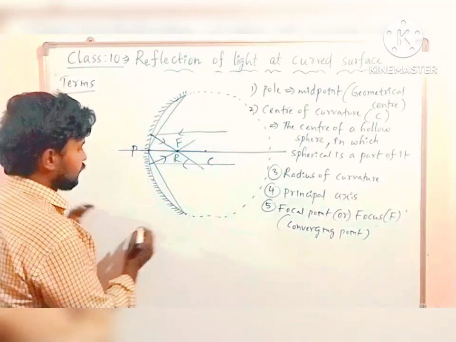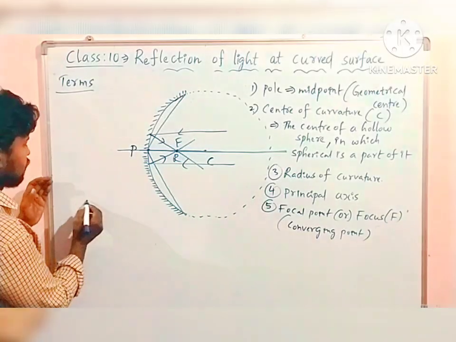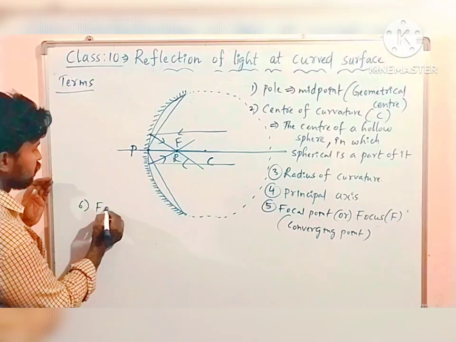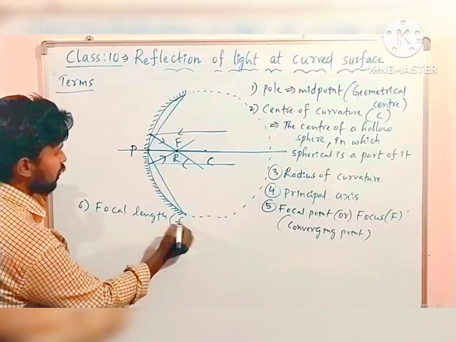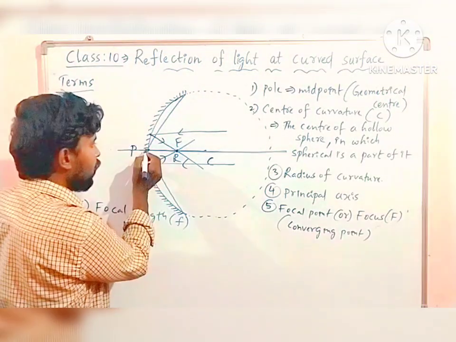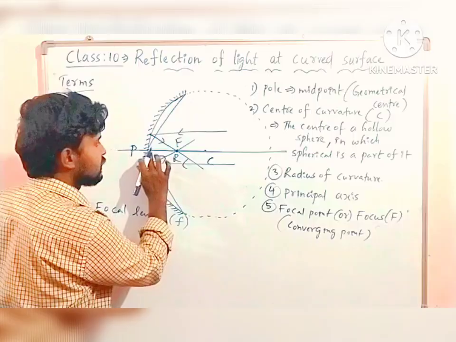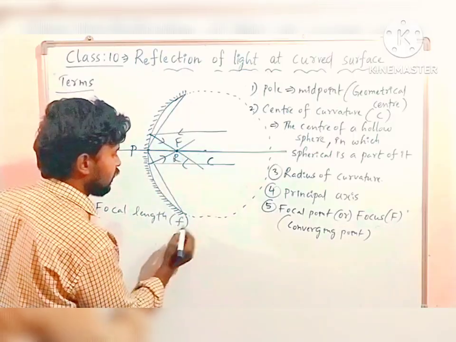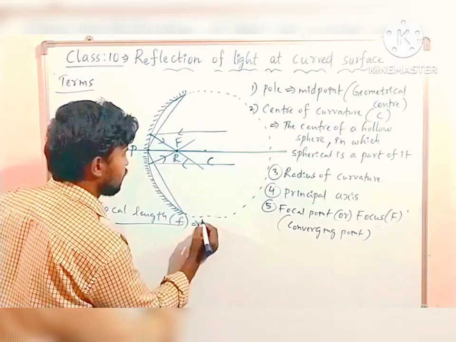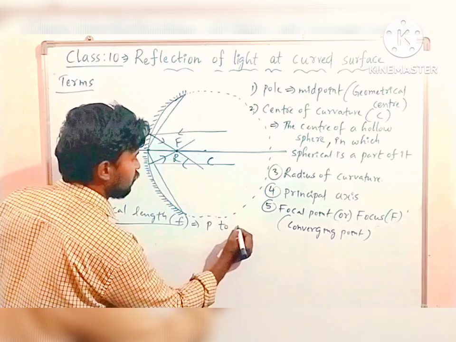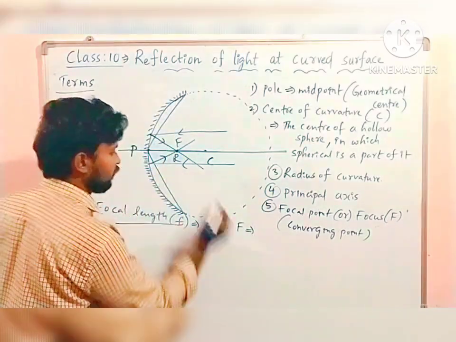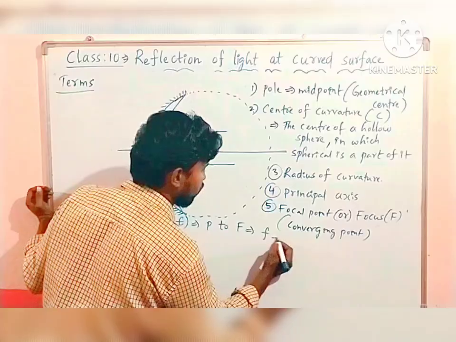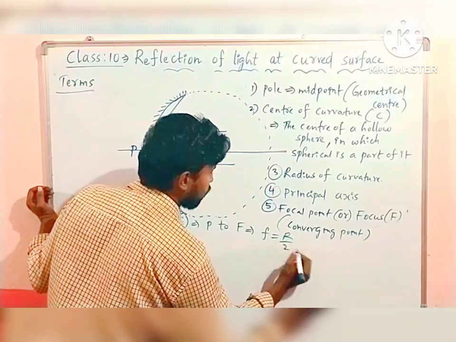Next terminology is the focal length. What does focal length mean? It is denoted by the small letter f. The distance from the pole to the focus is called the focal length. Here is the relation: focal length equals R by 2.